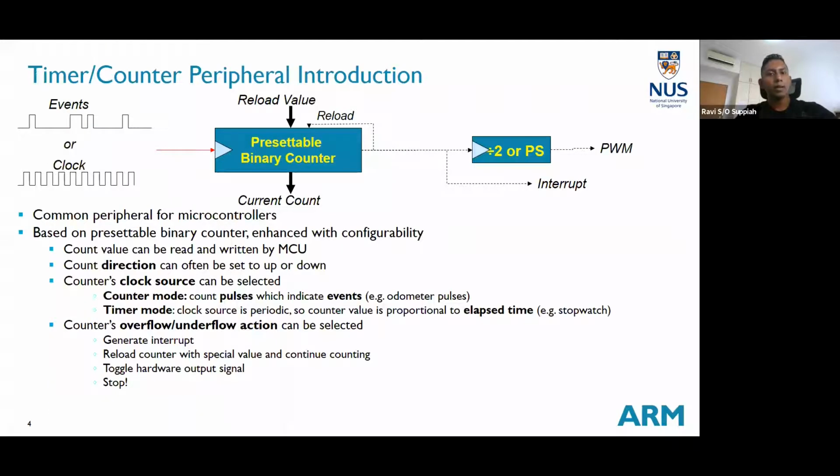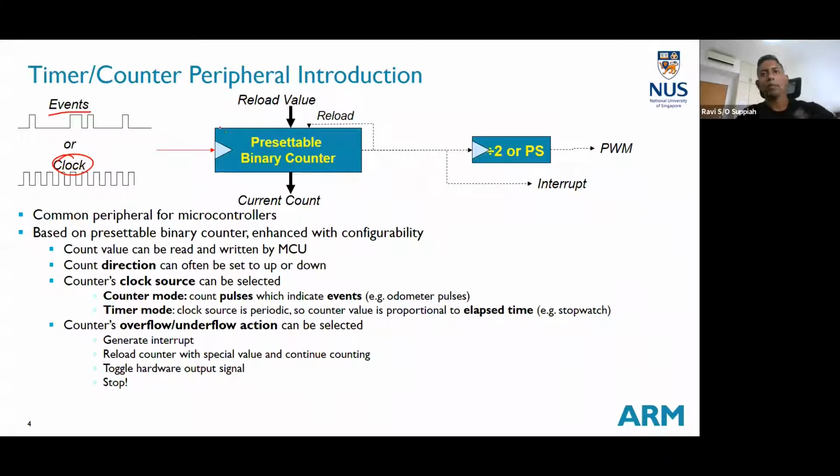All right. Now, this slide gives you a general overview of timers and counters. The input to any counter is generally of two types. One is you have a periodic clock, and this periodic clock can be an internal clock or an external clock, or you can also count events.